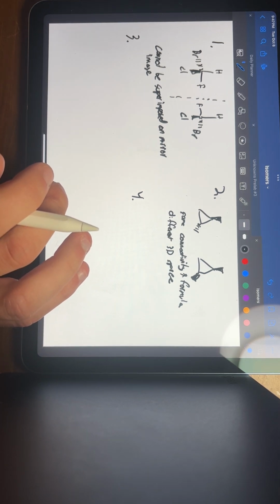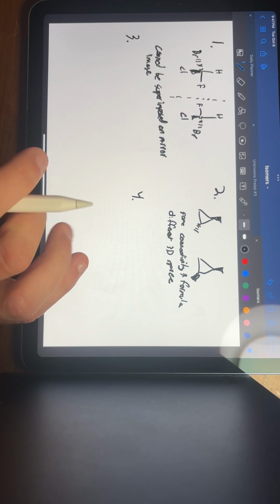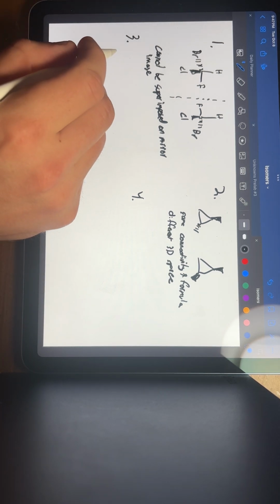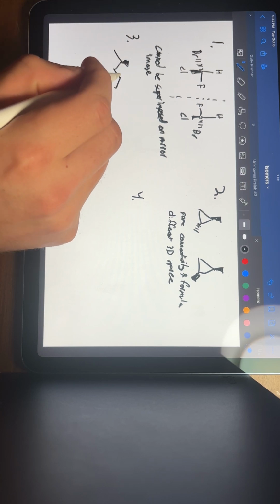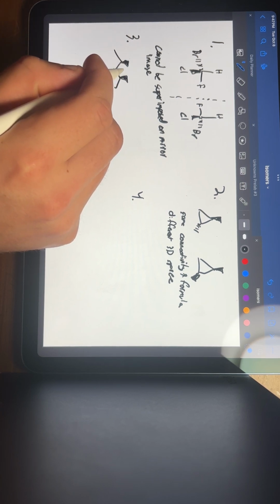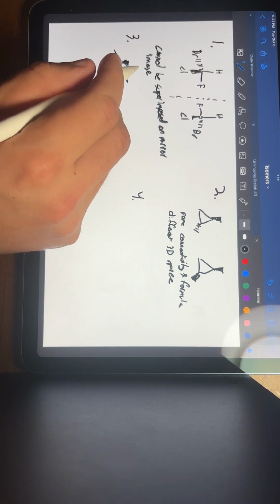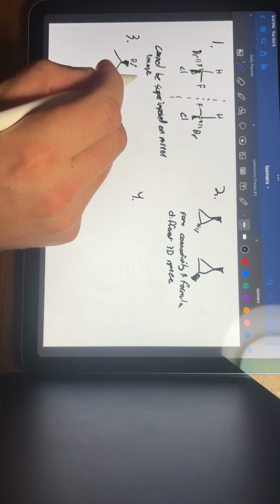So task 3, draw a meso compound. So draw an example meso compound. Let's just say this. We've got like bromine or something up there.